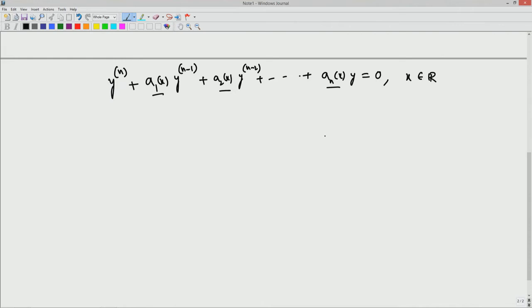So as usual we look at the properties the way we have seen for the second order. What are the properties?